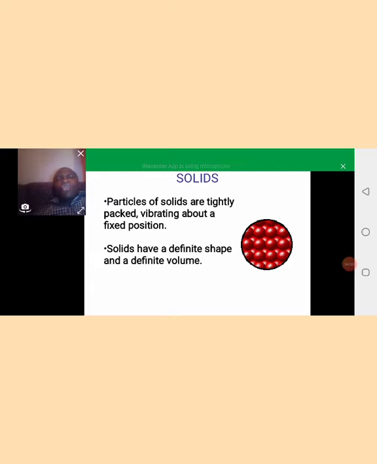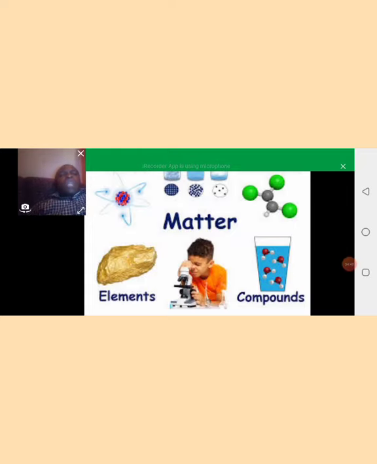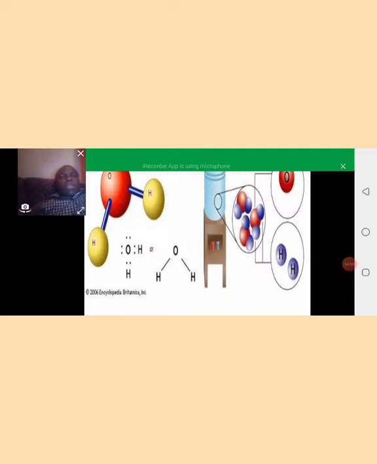It is difficult for you to compress your sugar, and your sugar has a definite shape and a definite volume. Now, look at this picture showing matter, element, compound, showing what? The particles around it.